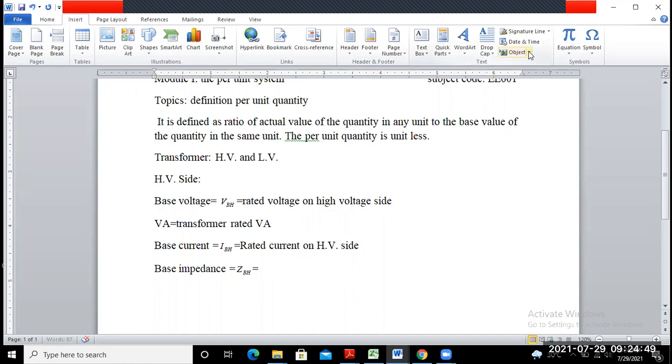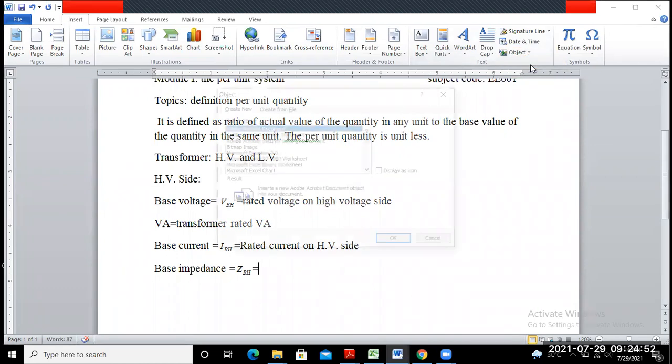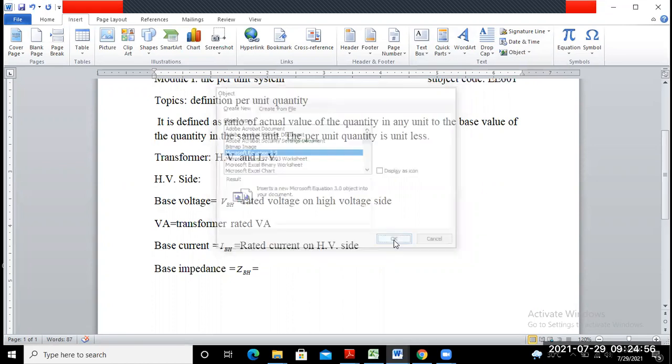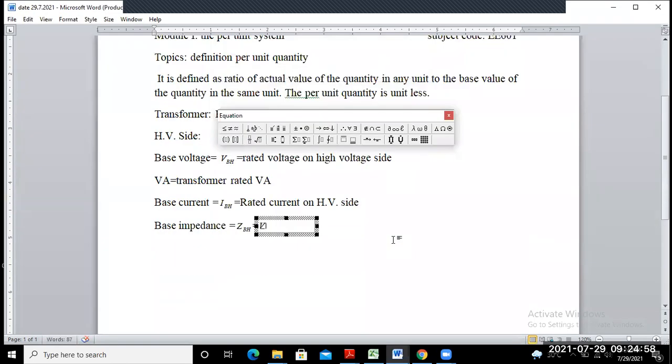Let's write here ZBH equals VBH divided by IBH.